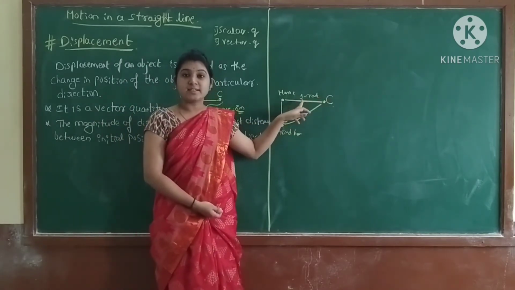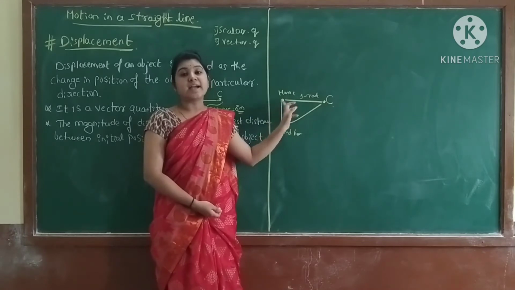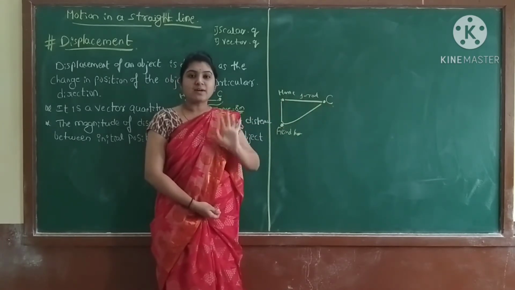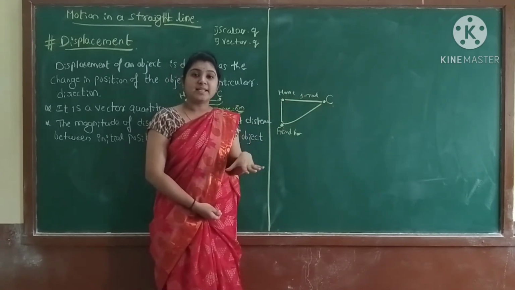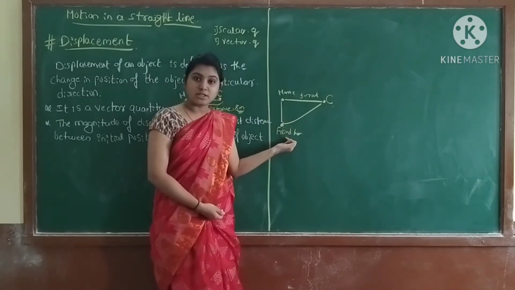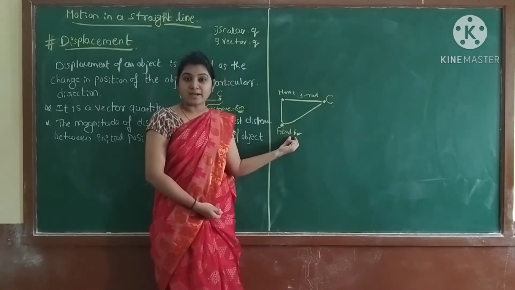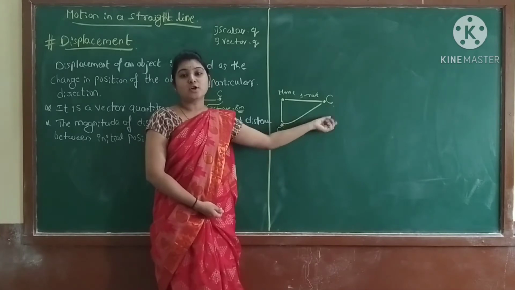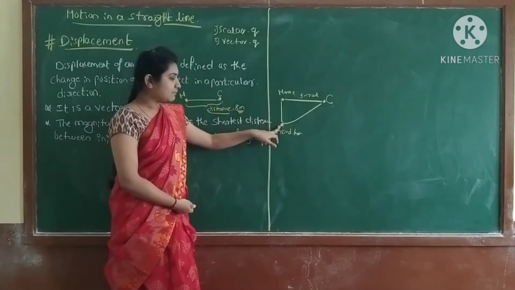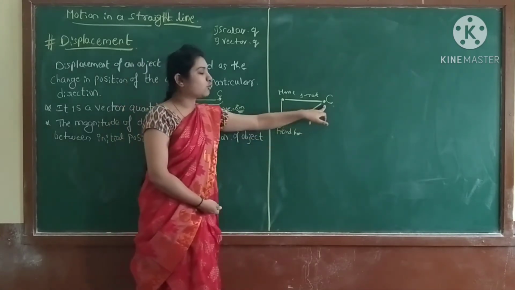This is the distance. That is one case. But in another case, first you go to your friend's home, then you pick up your friend and you both go to the college. So you come here, then again you go to the college.